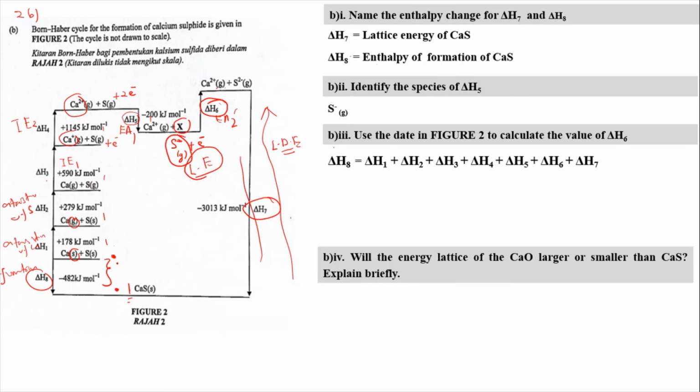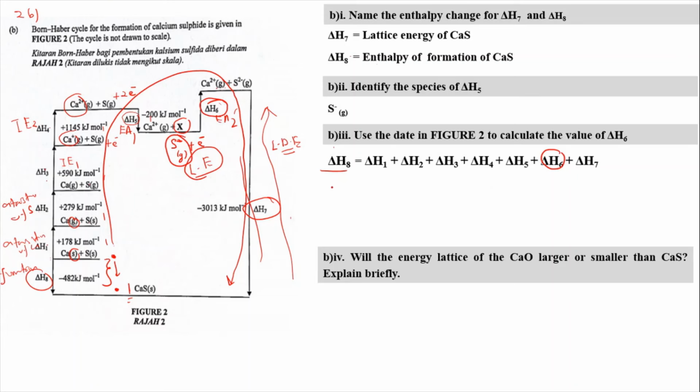You can go this way or you can go all around the circle, asalkan the initial dengan final point adalah sama. So this H8 is going to be the same as H1 plus H2 plus H3 plus H4, H5 plus H6 plus H7. But you need to find the H6, so you just need to substitute the value.